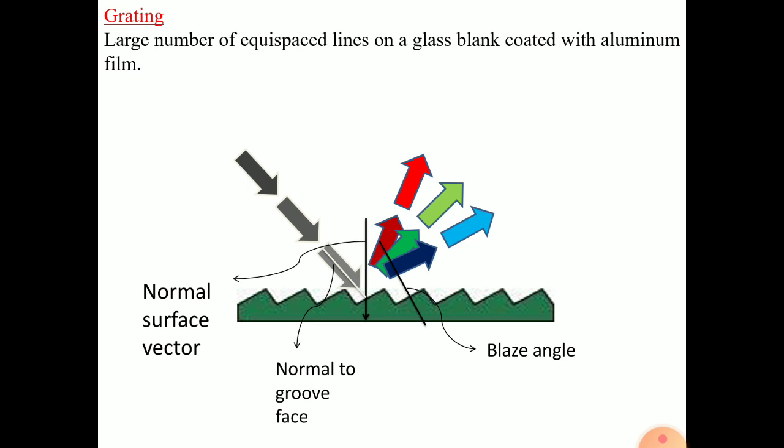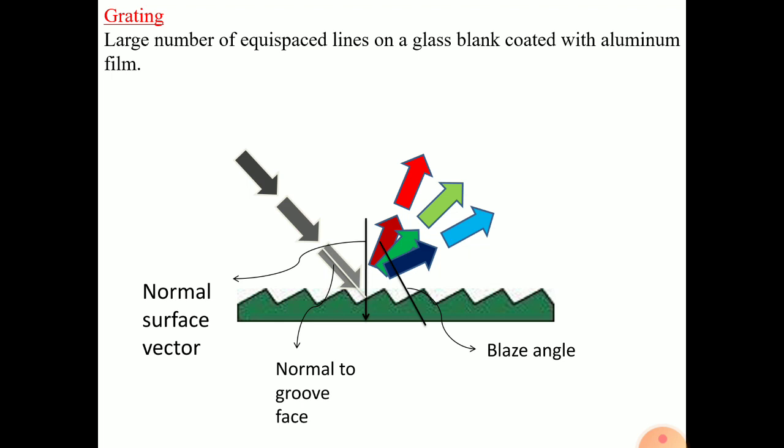When the incident light falls on the grooves at a certain angle, it is dispersed into different wavelengths. We get red, green, and light blue colors. So the polychromatic light is dispersed into different wavelengths.